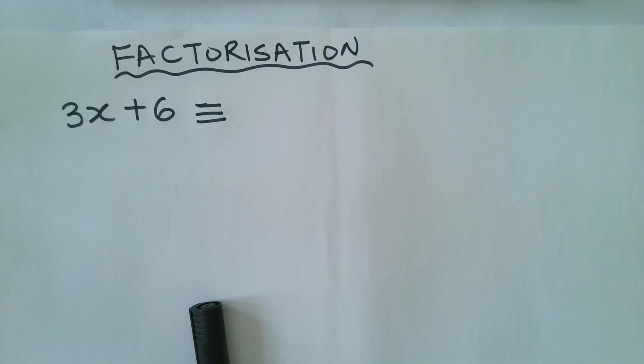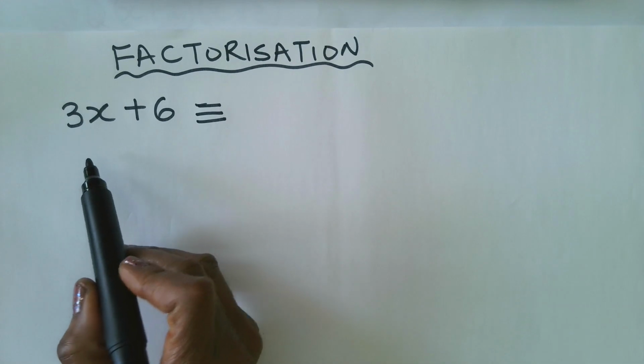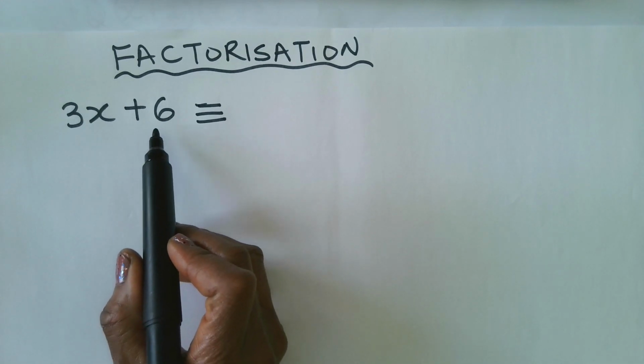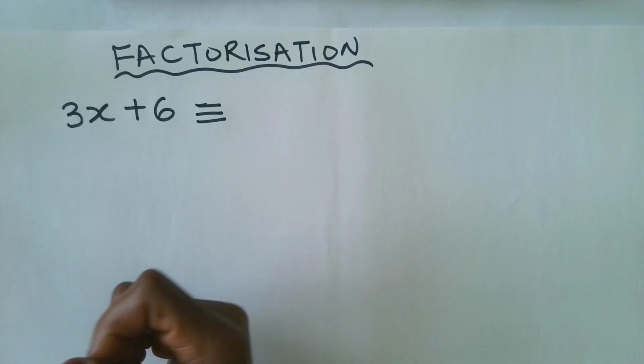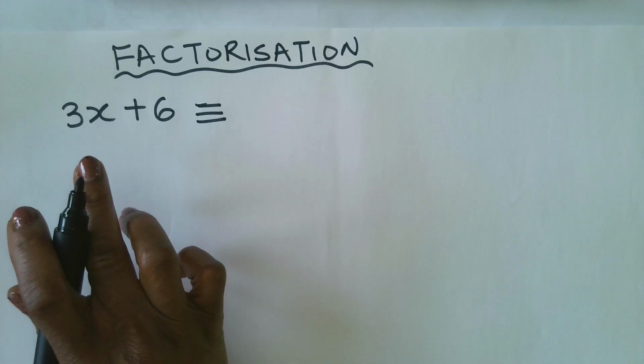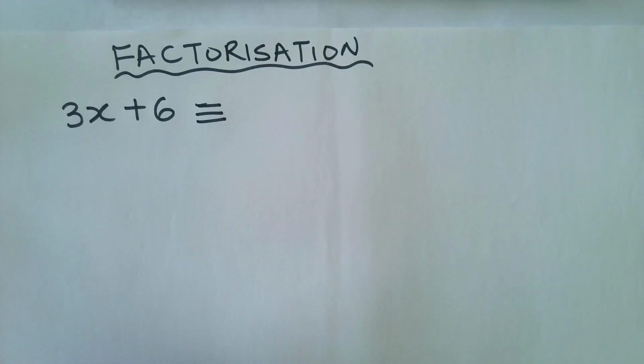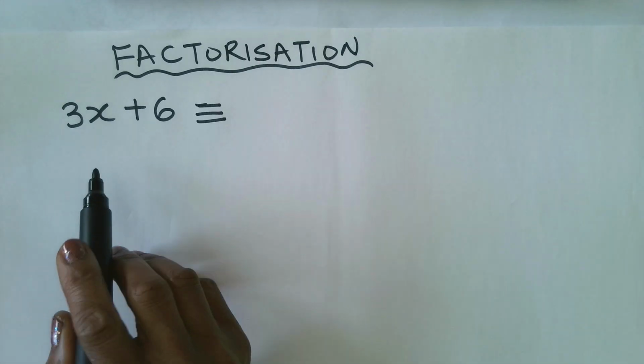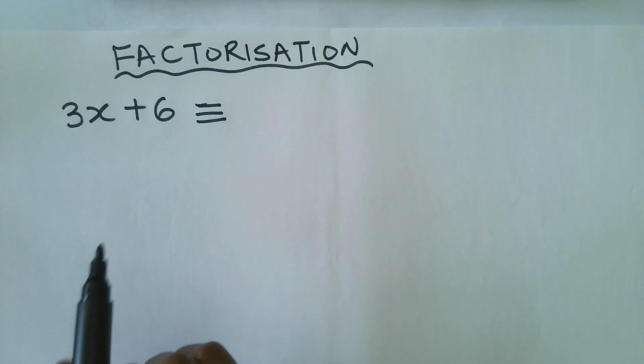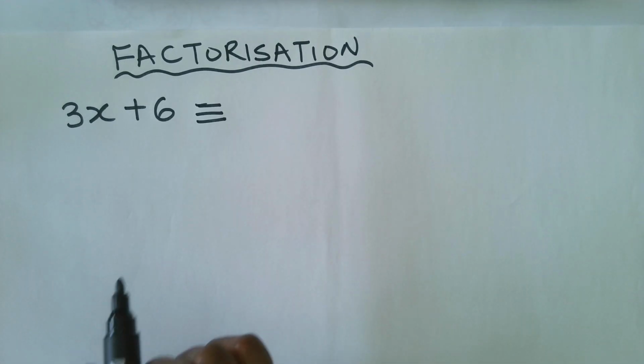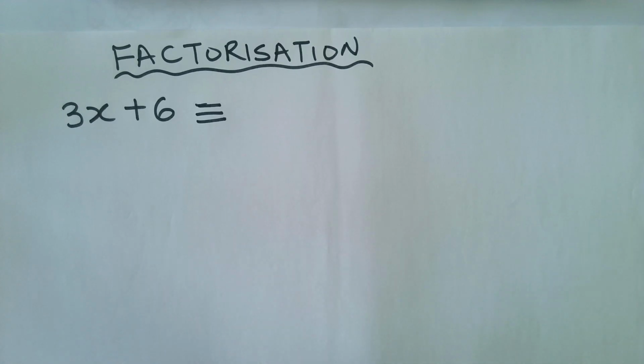Now we're going to look into factorization. If we have 3x plus 6, we're going to find out how to factorize this expression. Remember, 3x plus 6 is known as a binomial because it's an expression with two terms.